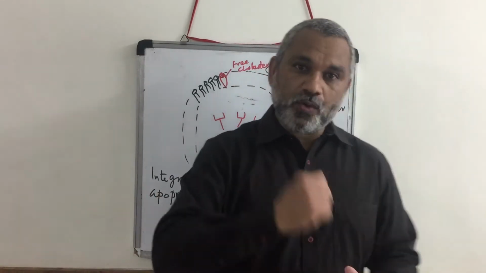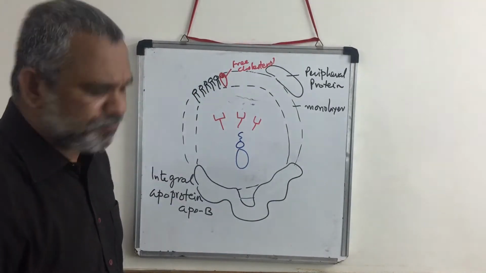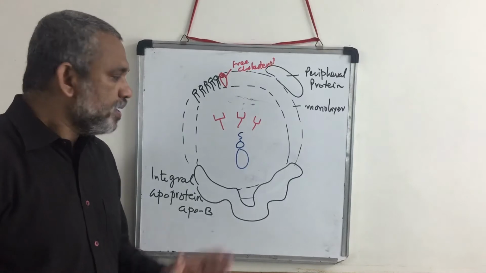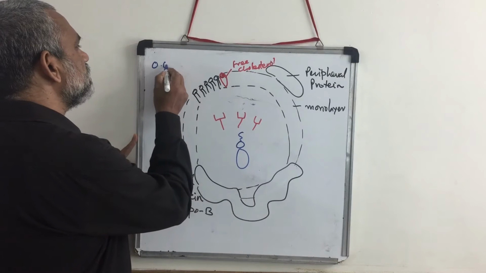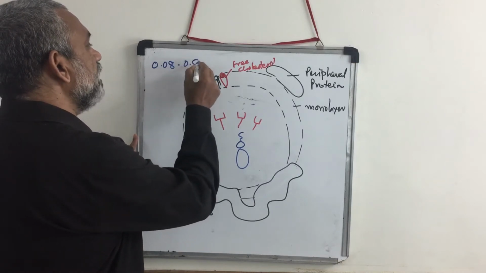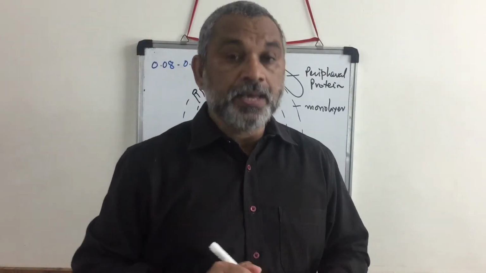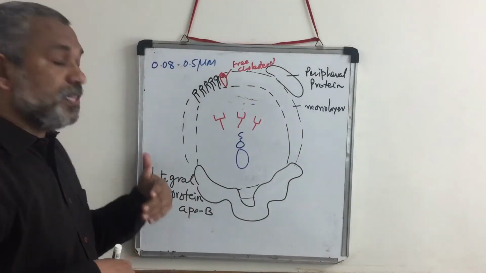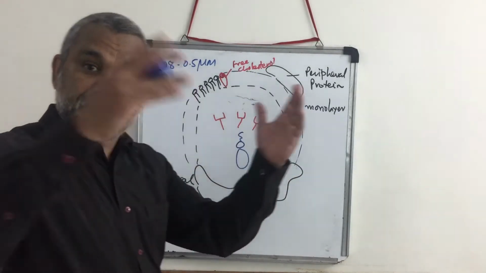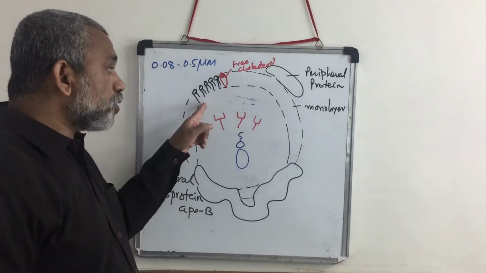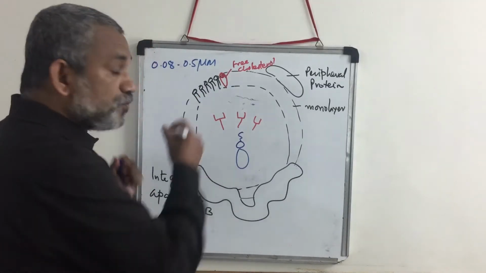to this. To make things easy, a very tentative structure of a chylomicron is drawn here. The average size of a chylomicron is about 0.08 to 0.5 micrometer, so you can imagine the size. The basic components of a chylomicron: it has a surrounding, a kind of protective layer, and from the figure you can make out it is made up of phospholipids.